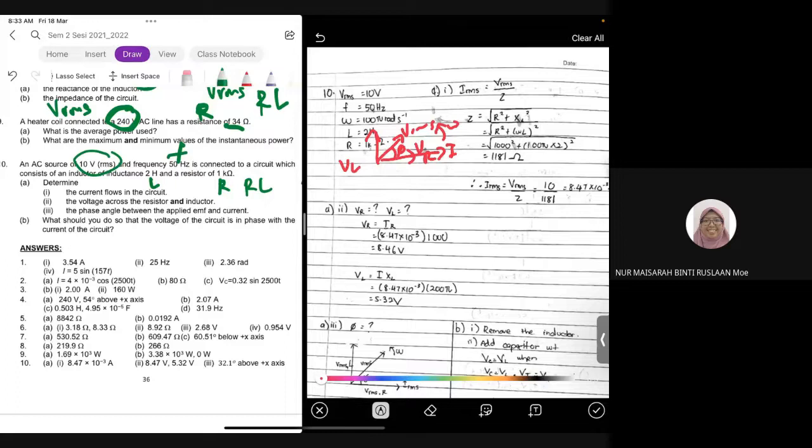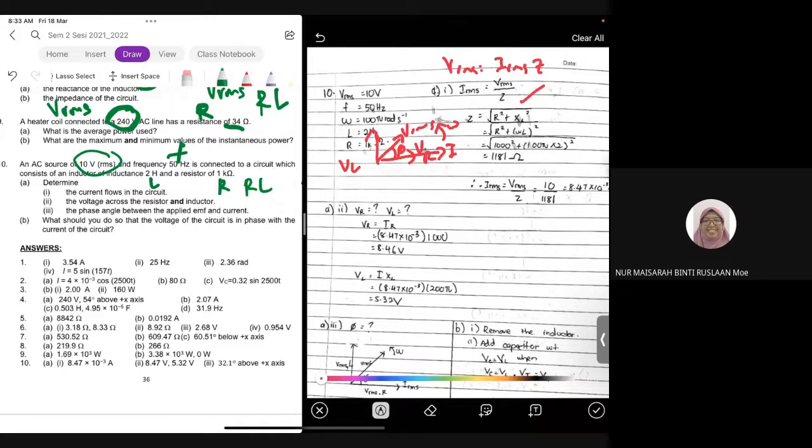They ask you to calculate IRMS. So what your friend did, he used the formula VRMS equals I RMS Z, making I RMS the subject. So V RMS over Z. Okay, correct. Then he finds Z. Z equals square root of R squared plus XL squared.